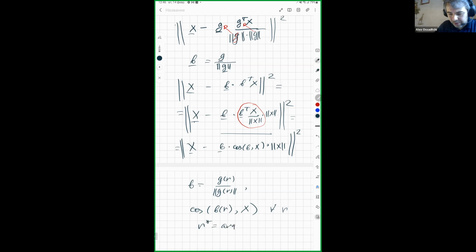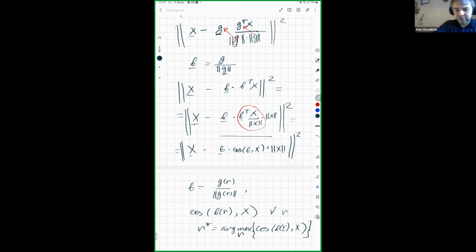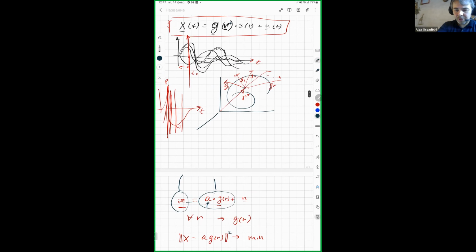It will be the arg max of the cosine of b sub r and x, the argument of the maximum of this function with respect to r. And r is your radius vector, where your dipole is.